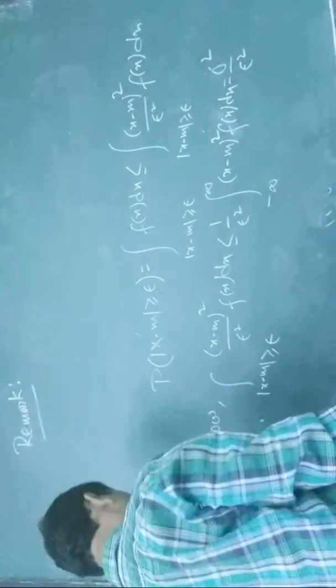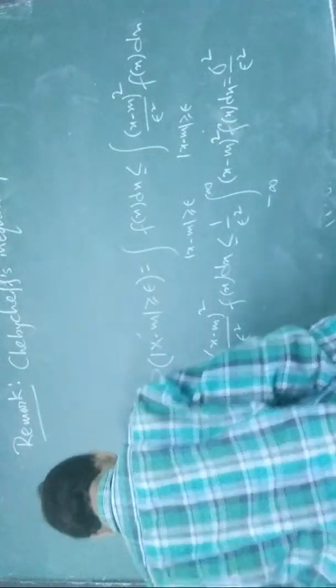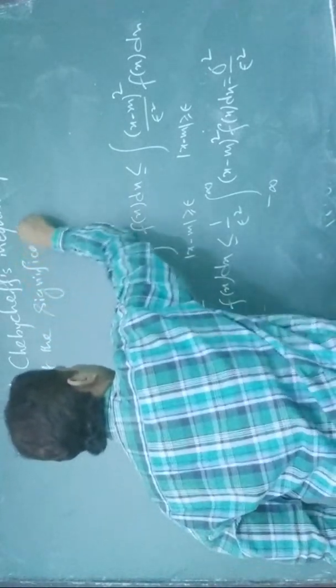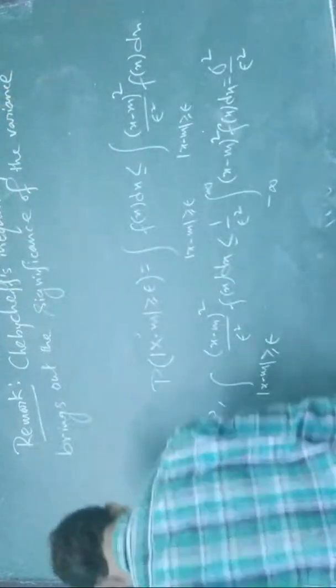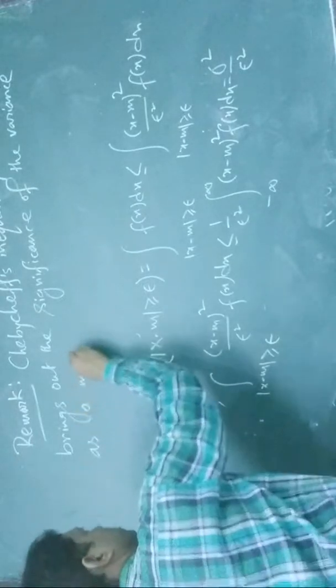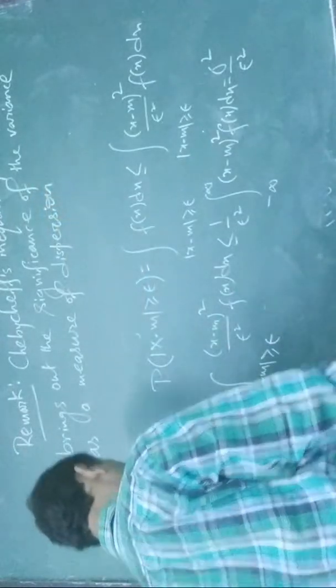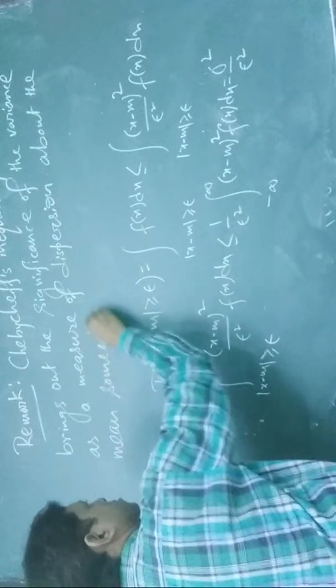Chebyshev's inequality brings out the significance of the variance as a measure of dispersion about the mean somewhat quantitatively.